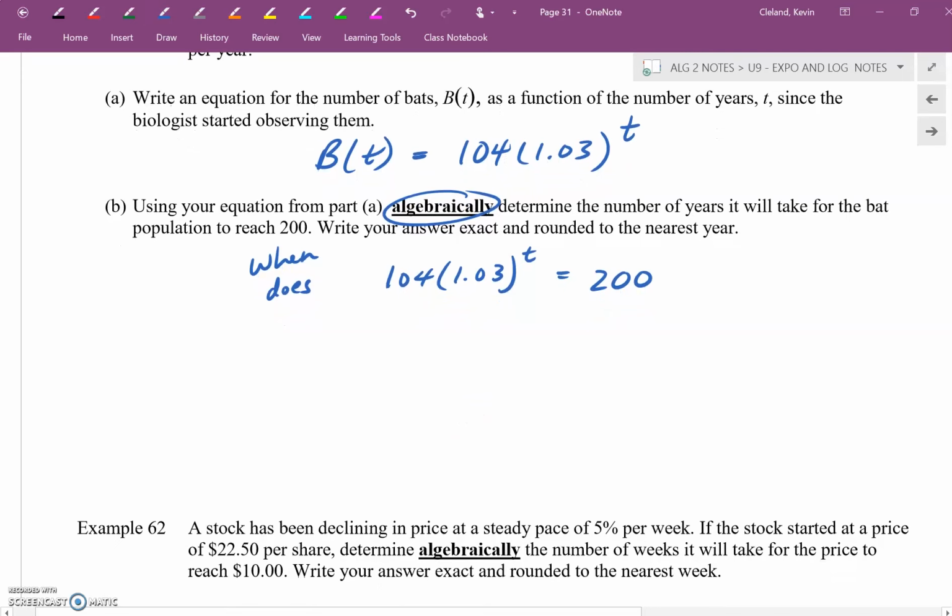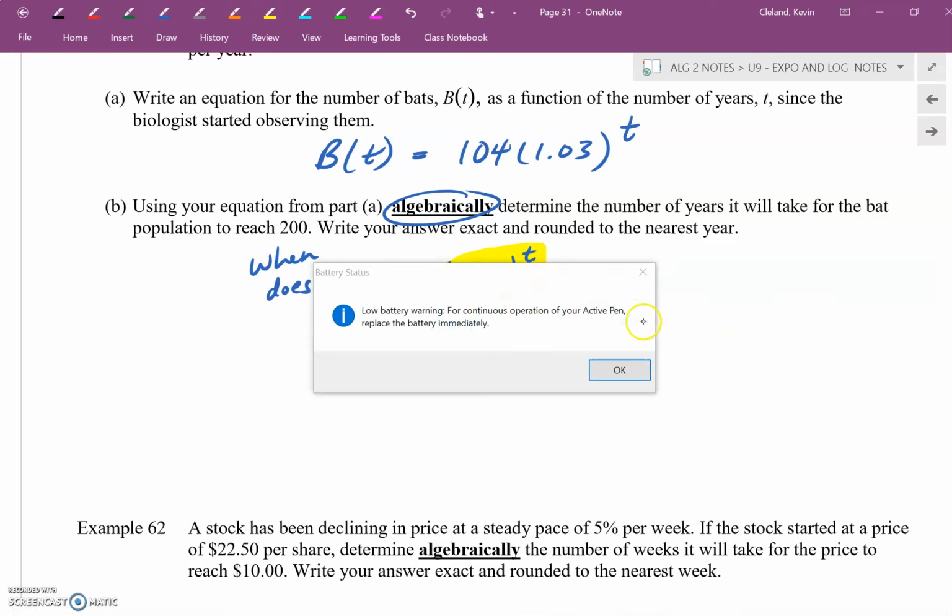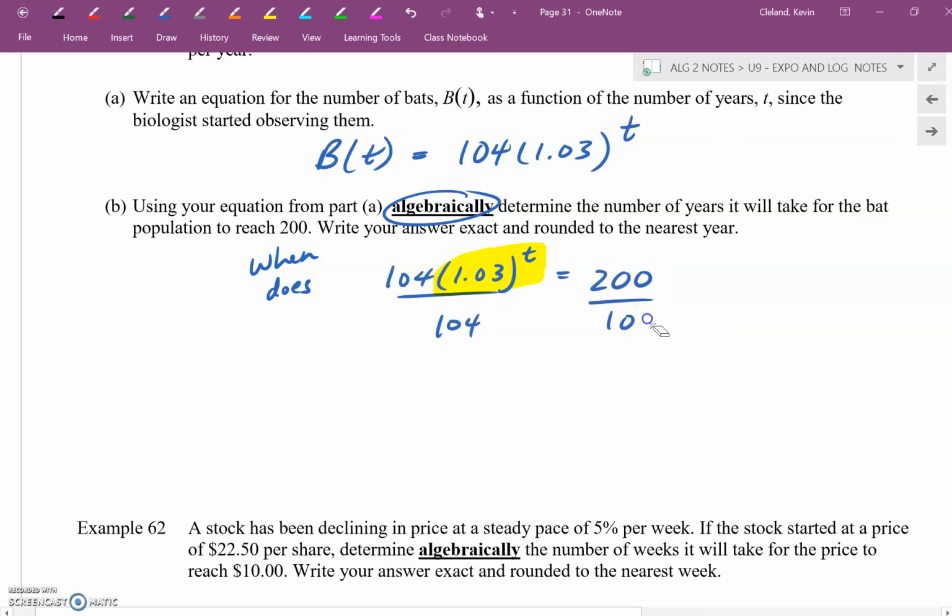So step 1, isolate the exponential part, and in this case that's here. We're going to divide by 104. And we'll have that 1.03 to the t power equals 200 104ths.